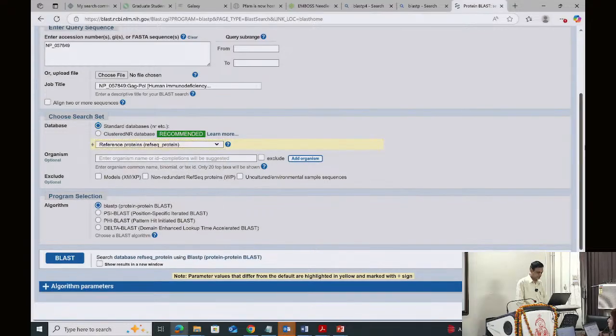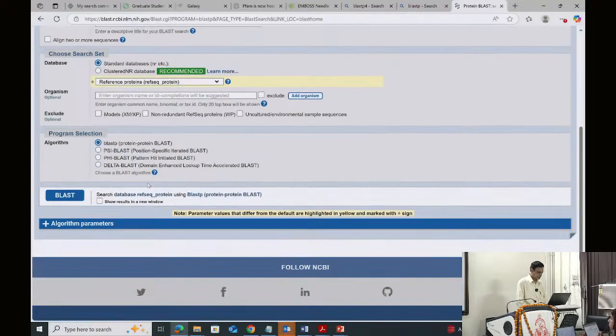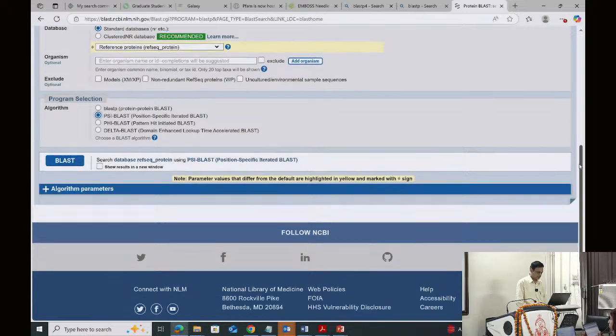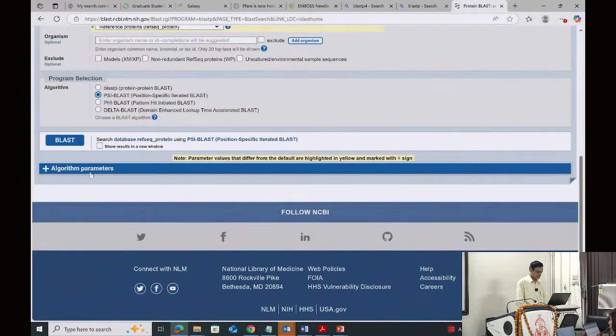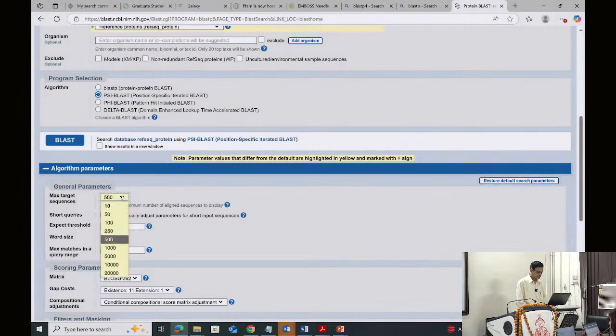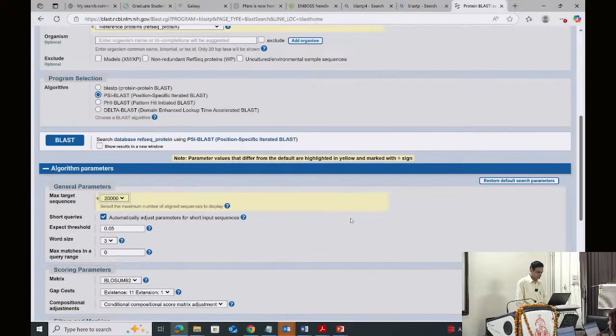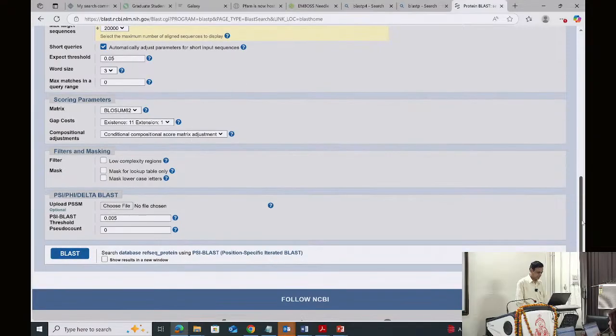Okay, good. And then BLAST. And then algorithm parameters, I'm going to increase to maximum, and all are good. And then I will BLAST.